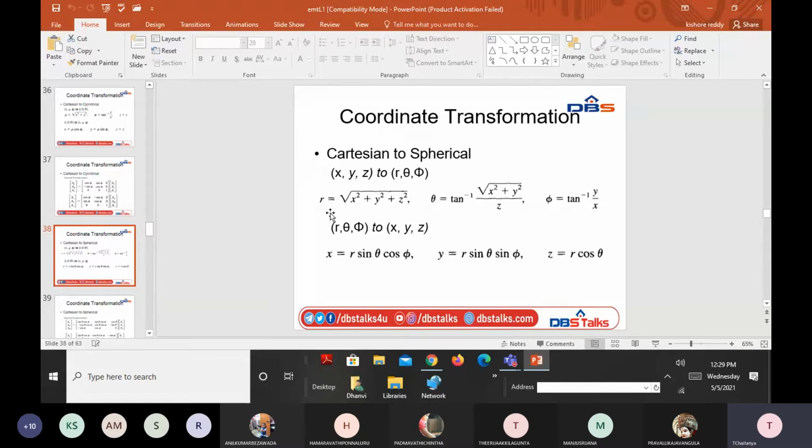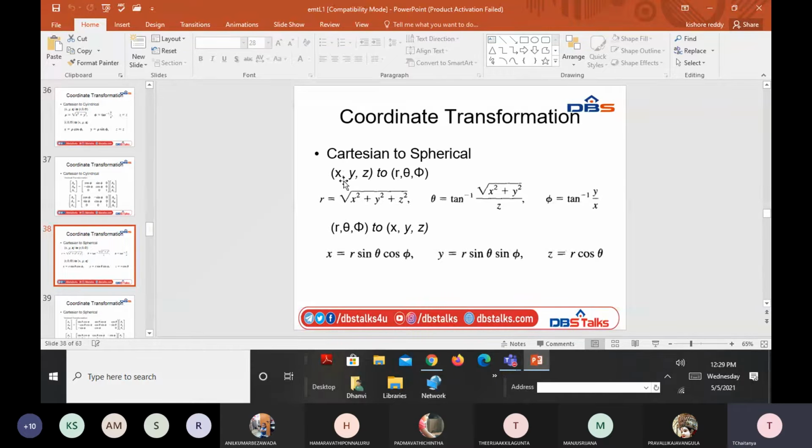The formula is r equal to the radius of a sphere, r equals the square root of x square plus y square plus z square, where theta is an angle placed between the z-axis and the radius. Theta formula is tan inverse of the square root of x square plus y square by z, and phi is as usual the azimuthal angle, tan inverse of y by x.